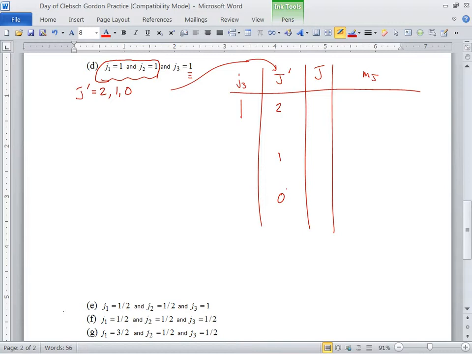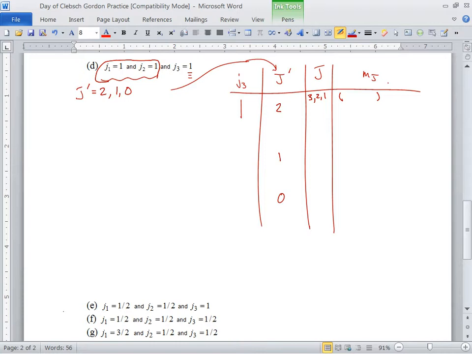Now I can get my first final J's. If I couple J3 and J prime in the top row, I'll get 3 all the way down to 1. Then I have to write a set of M sub j's for each of those j's.